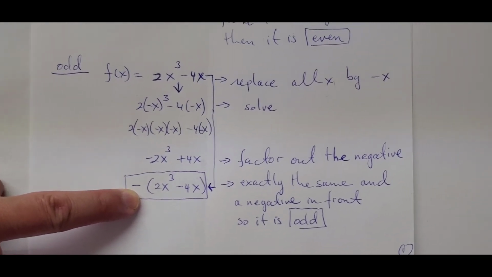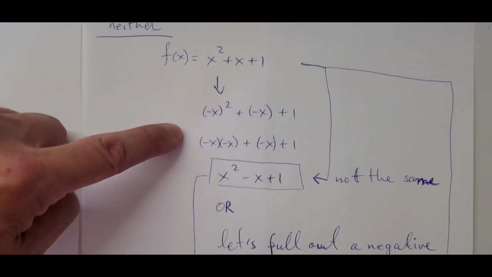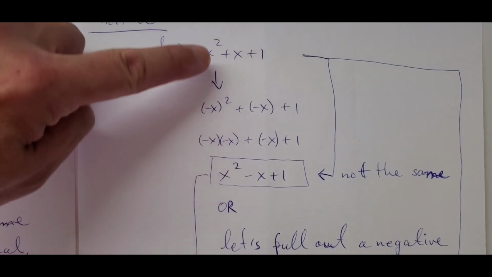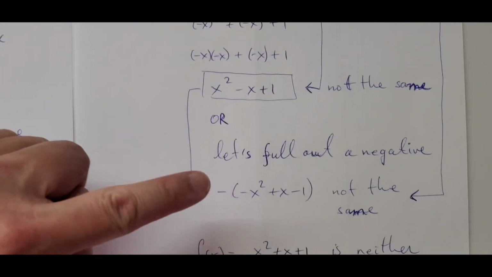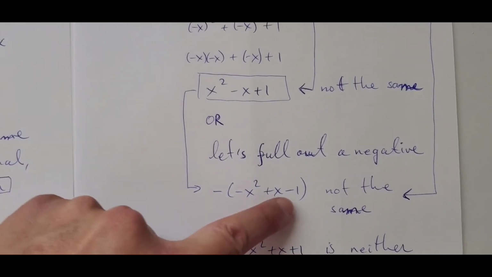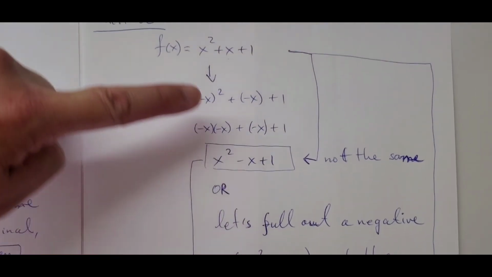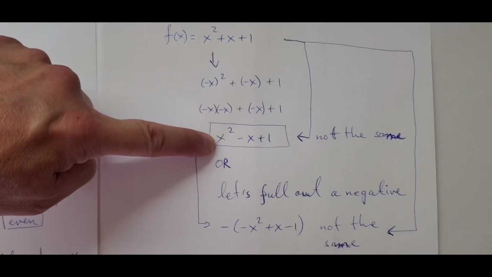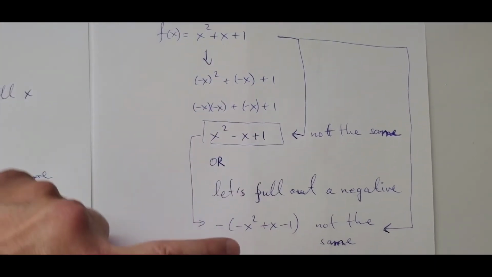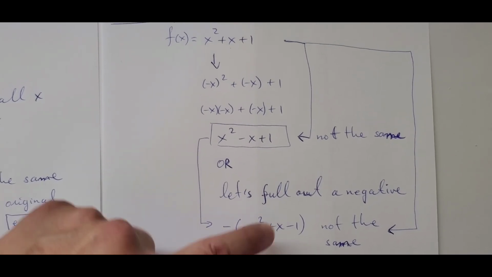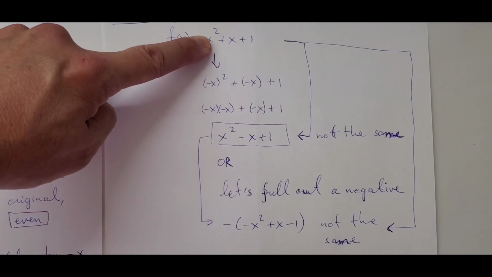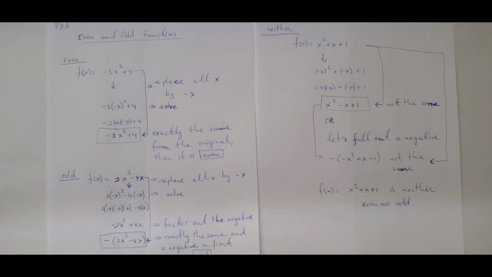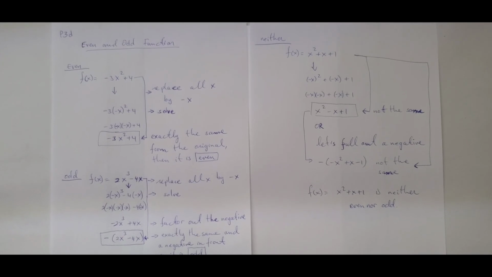Neither is different: this is not the same as the original, and when you take out a negative, the inside is also not the same as the original. So therefore, this is neither. Be very careful of this lesson on even and odd functions.